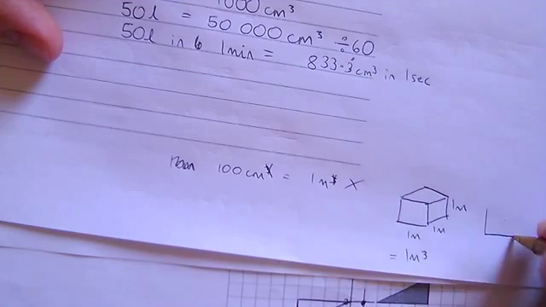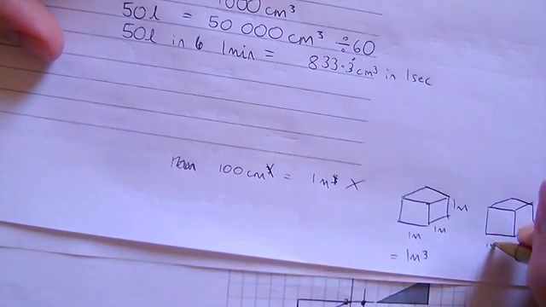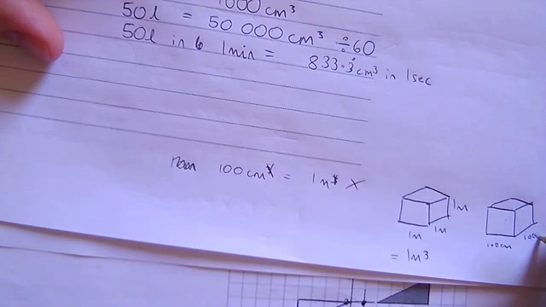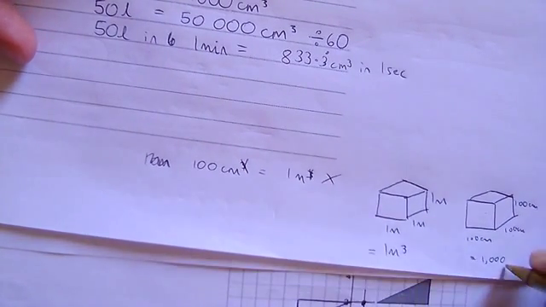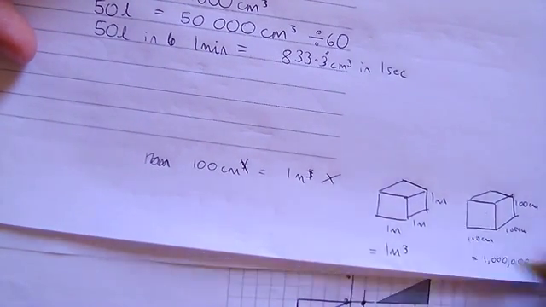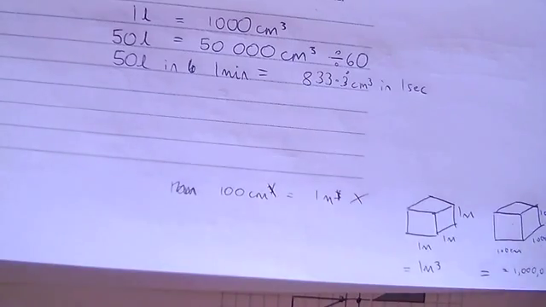Now if I was to think of that in centimetres, that would be 100 centimetres by 100 centimetres by 100 centimetres. So that would be 100 times 100 times 100, which is 1,000,000 centimetres cubed. So 1 metre cubed is equal to 1,000,000 centimetres cubed. So it's not quite the same conversion there.